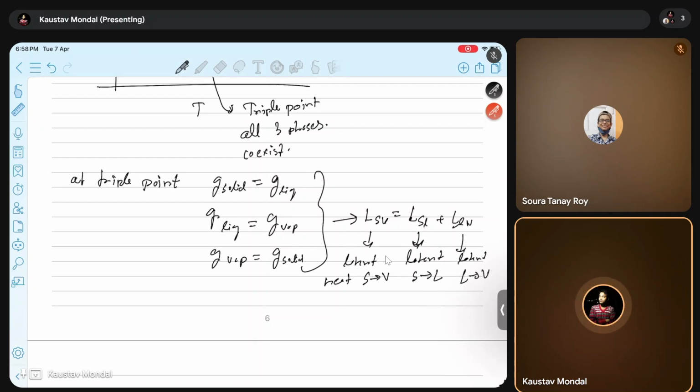So the sum of the latent heat required for phase transition of solid to liquid and liquid to vapor is equal to the latent heat required for phase transition from solid to vapor. This is an important relation.